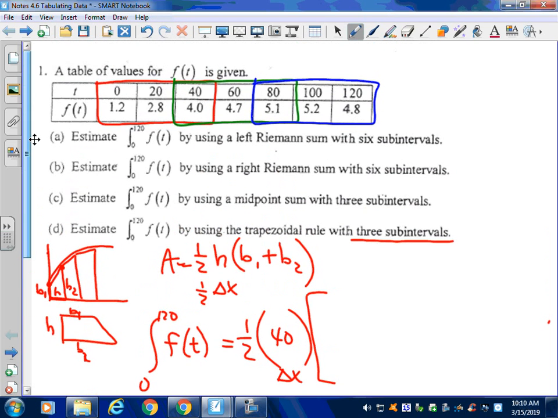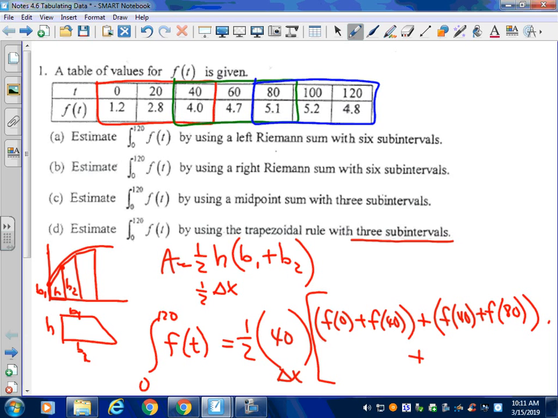So when we look at this first subinterval from 0 to 40, we're going to put in 0 and 40's answers because they're the furthest on the ends. Those are the 2 sides. So we're going to do f of 0 plus f of 40 because those are your y values for the first set: the longest it is on one end and the longest it is on the other end for the height. And then you're going to do the next set. You're going to do f of 40 and f of 80.